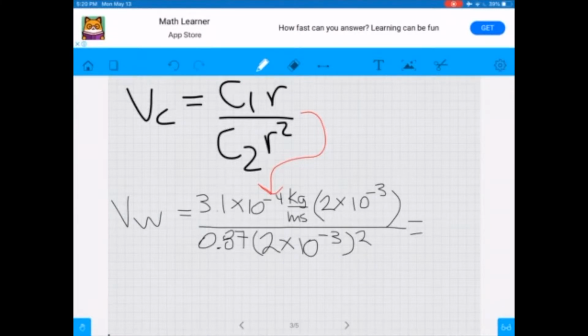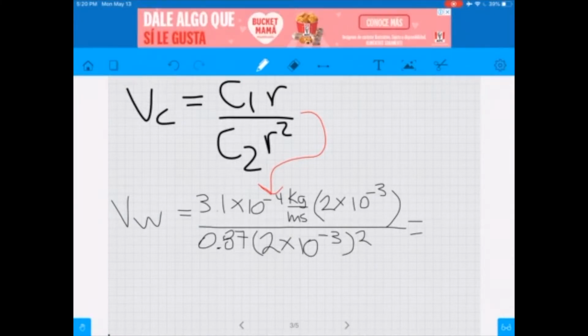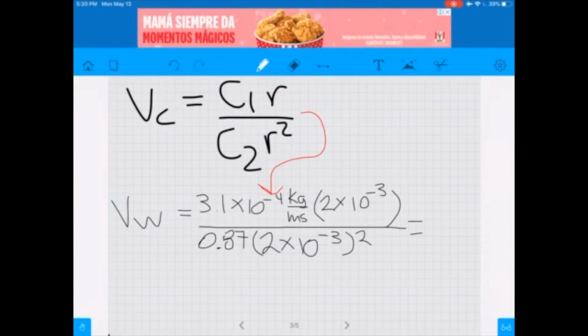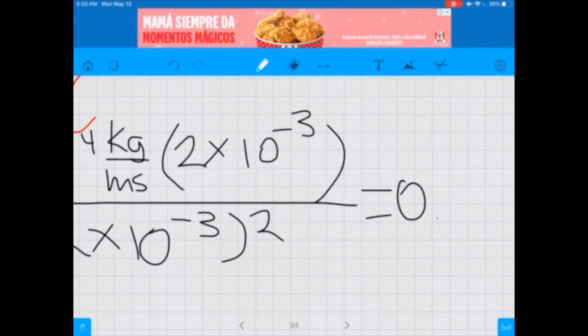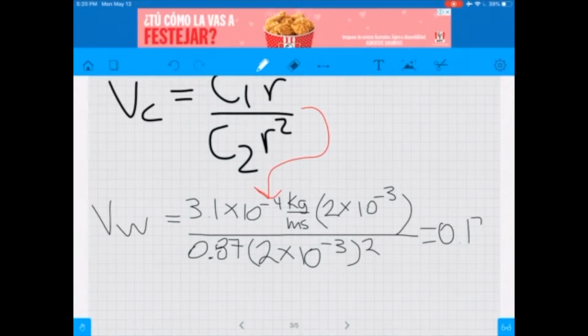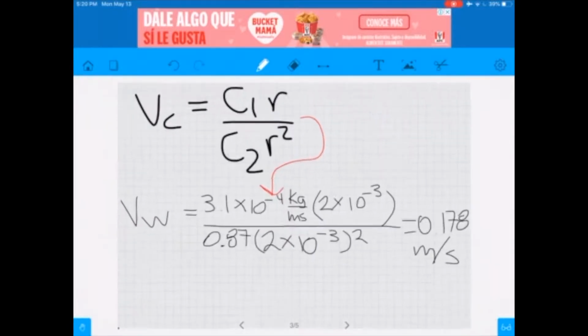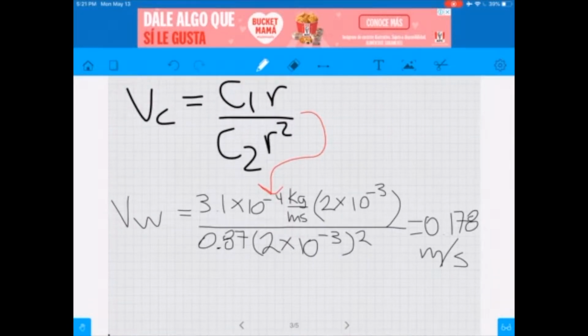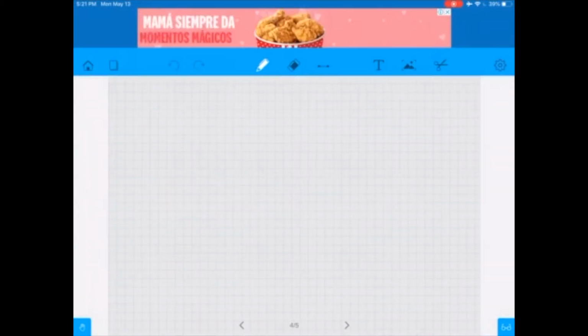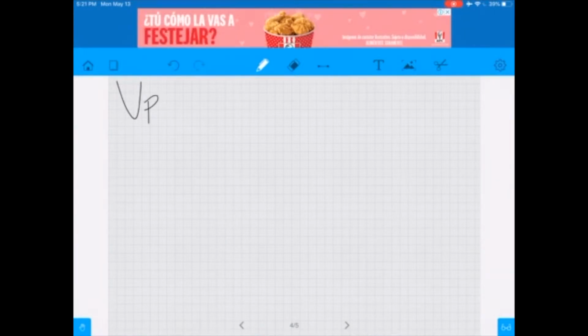If we enter the given values in a calculator, that'll give us 0.178 meters per second. Now, if we solve for the baseball, we have to do the same.